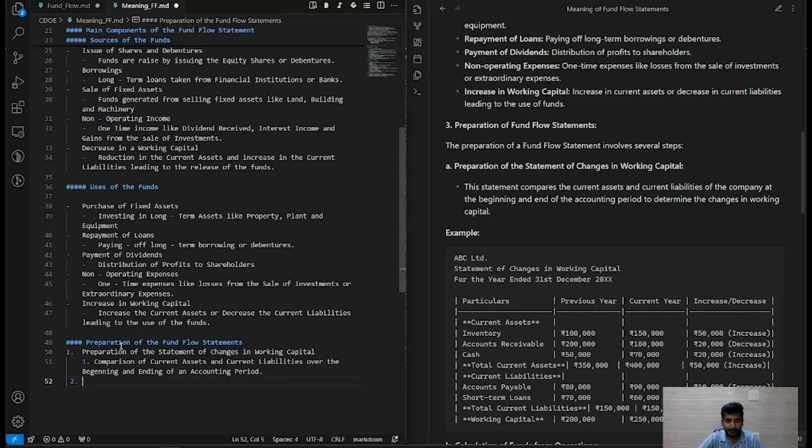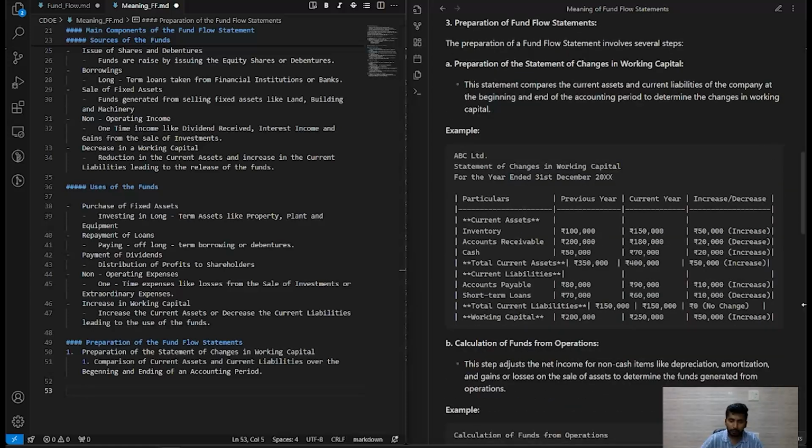Now, let us consider an example, that is ABC Limited, and we need to prepare a statement of changes in the working capital. We'll do it right away. It is just a basic example just to give you the general knowledge of how this works. First of all, particulars.